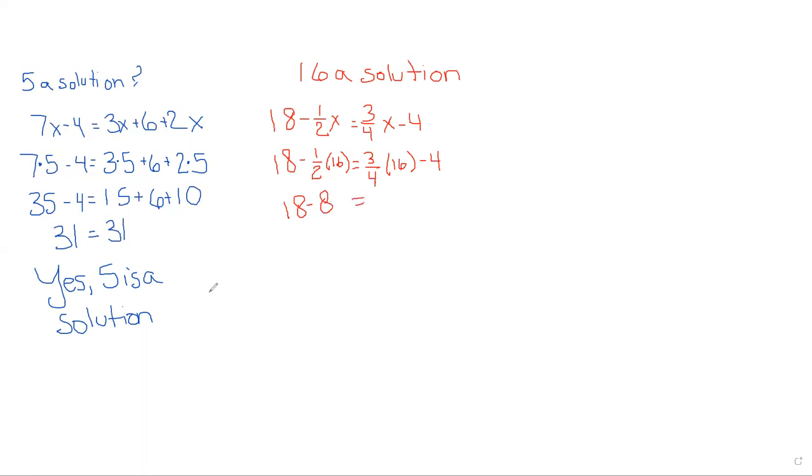I'm going to come down over here. And remember when we're multiplying fractions, 3/4 times 16 is really a fraction 16/1. And I'm going to do what's called cross canceling because I see that 16 and 4 are both divisible by 4. So that becomes a 1 and that becomes a 4. And multiply straight across. 3 times 4 is 12. 1 times 1 is 1. So 3/4 of 16 is 12.